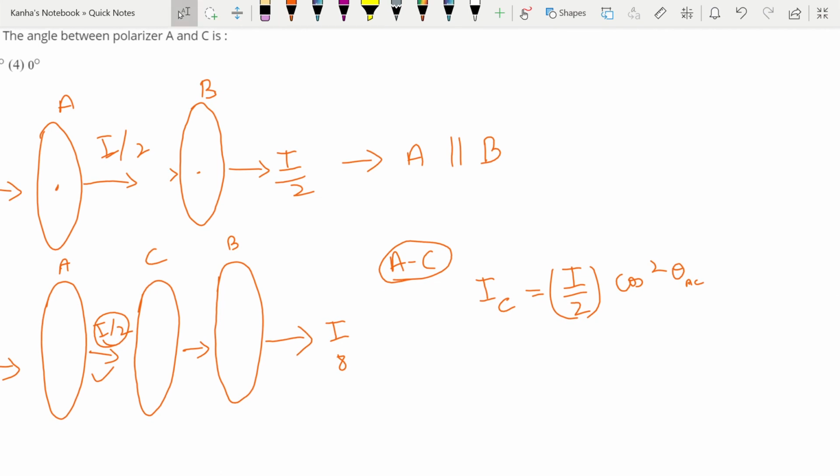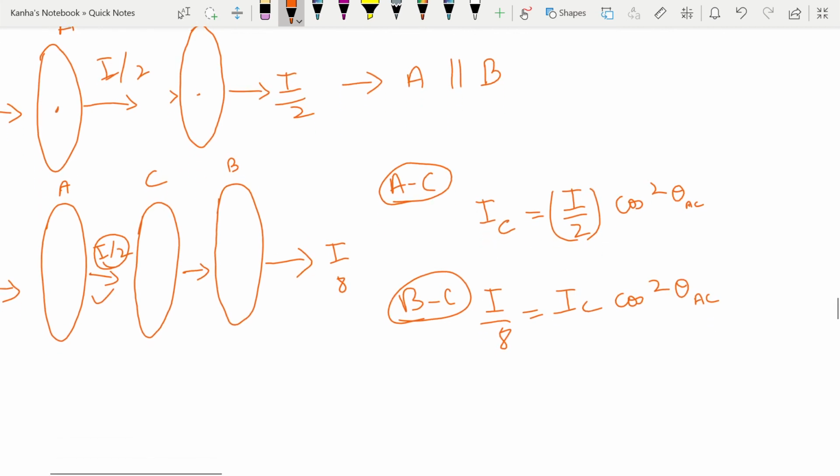Now between B and C, the intensity coming out of B, which is I by 8, is equal to the intensity entering into B, which is IC, into cos square theta BC. Now we already know from the first case that A and B are parallel, so theta BC is nothing but theta AC again.